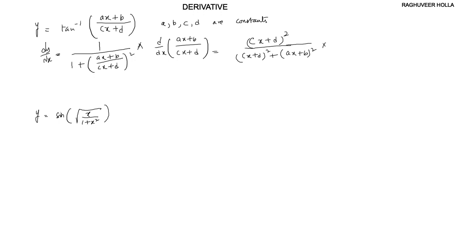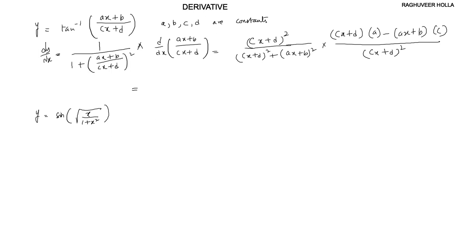So multiplied, this is (cx plus d), differentiation of (ax plus b) will be a, minus (ax plus b), differentiation of (cx plus d) will be c. So this divides by (cx plus d) whole square, right?